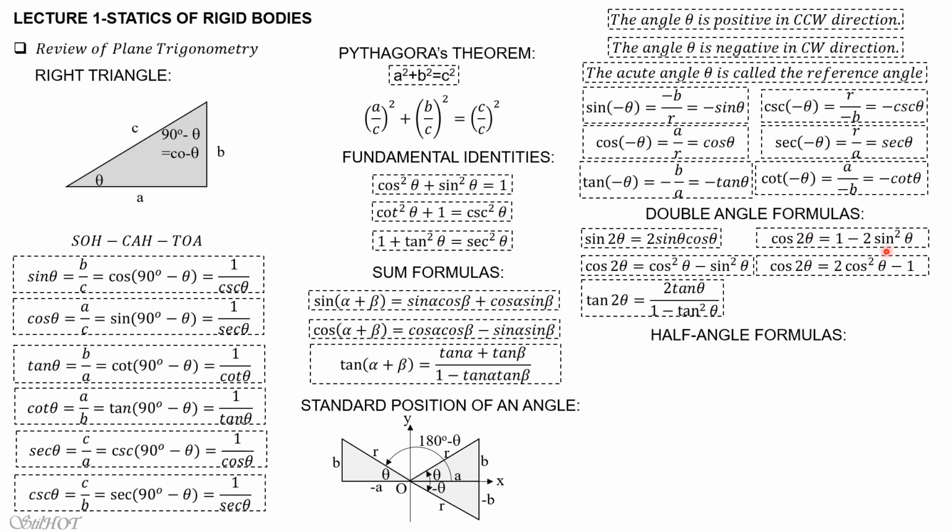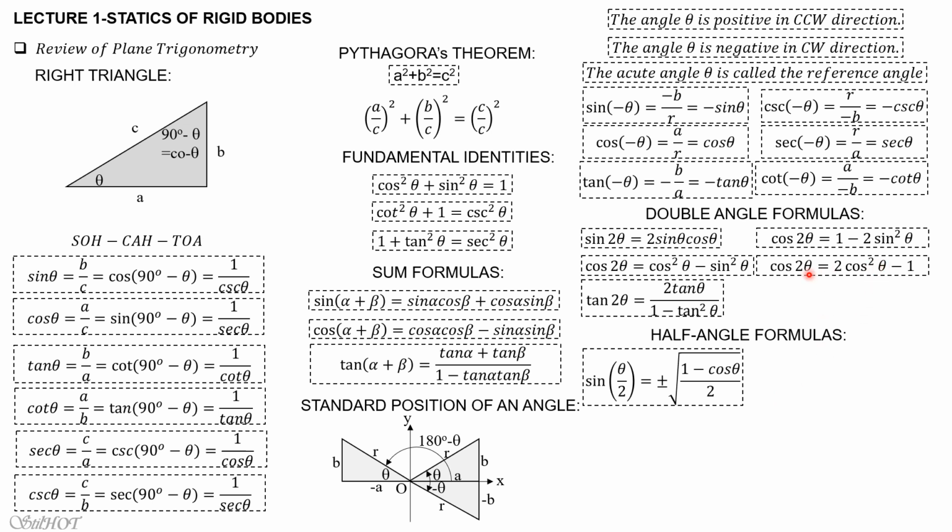So if we derive for sine theta over 2, we have 2 sine square of theta over 2 equals 1 minus cosine theta. Therefore, sine of theta over 2 is equal to plus minus square root of 1 minus cosine theta over 2. So that's the half angle formula for sine theta over 2.